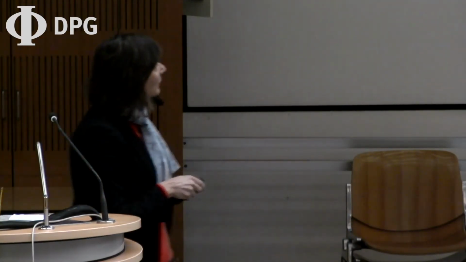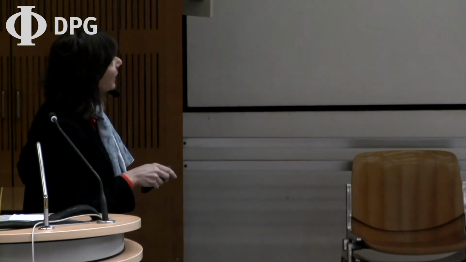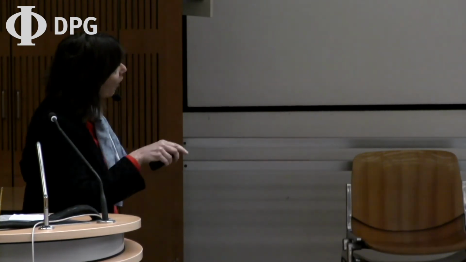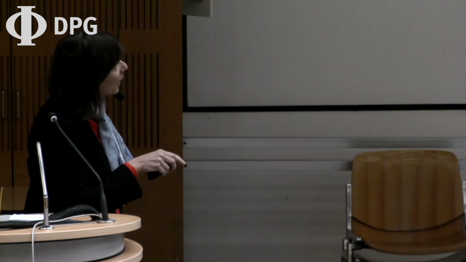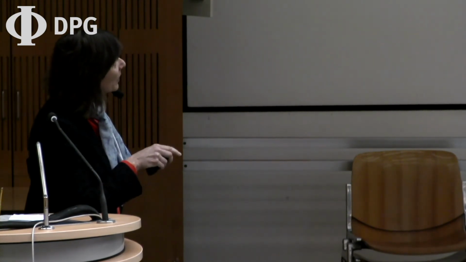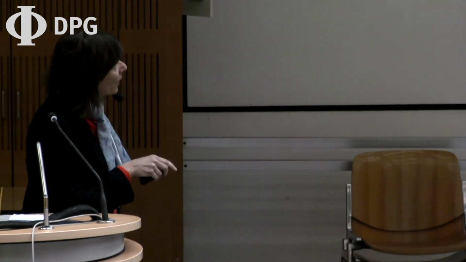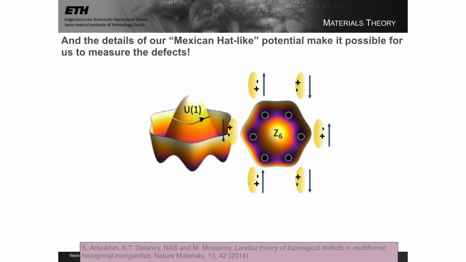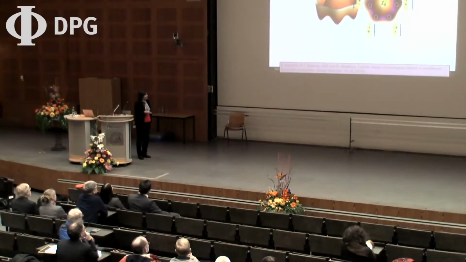And so here's the Mexican hat potential again. Here's looking down from the top now, and you see that there are 6 minima. For the experts, the symmetry is, rather than U1, it's actually Z6. Each of these minima corresponds to an opposite orientation of the electric dipoles. When the polyhedra tilt in this direction, the yttrium ions shuffle down.